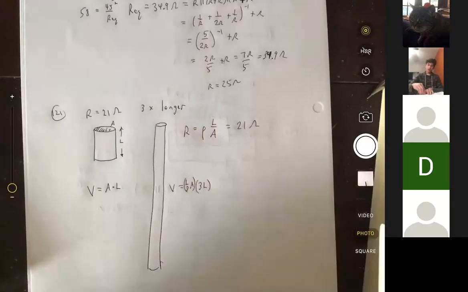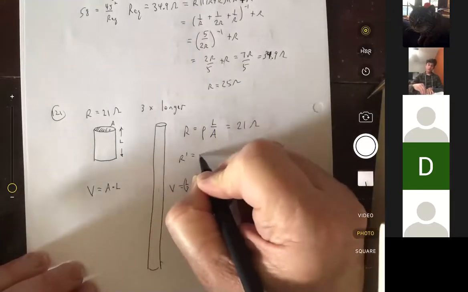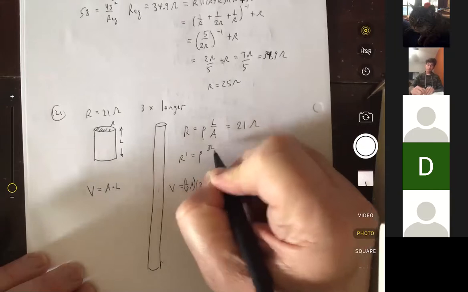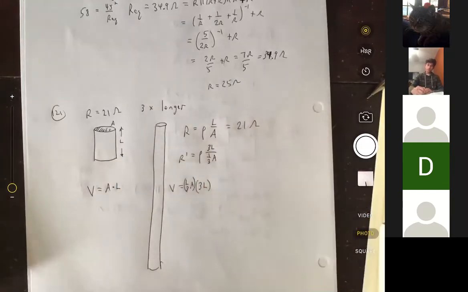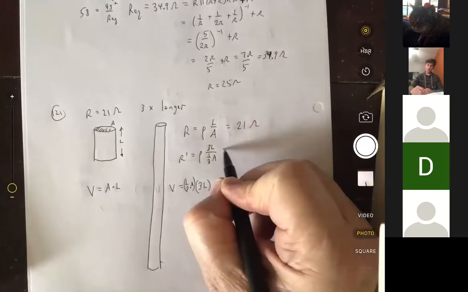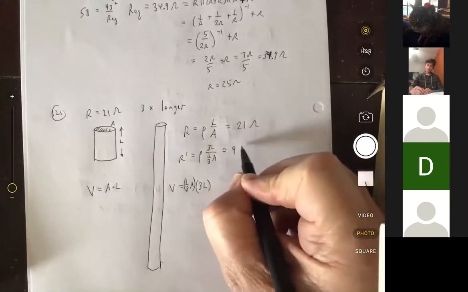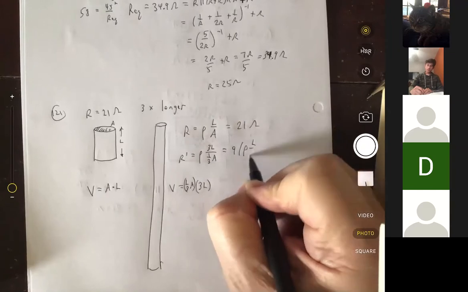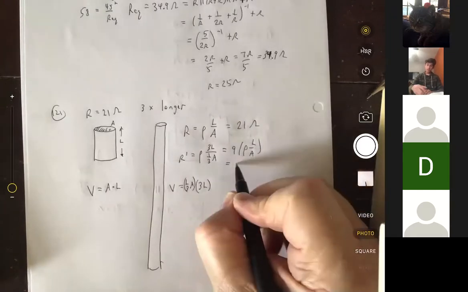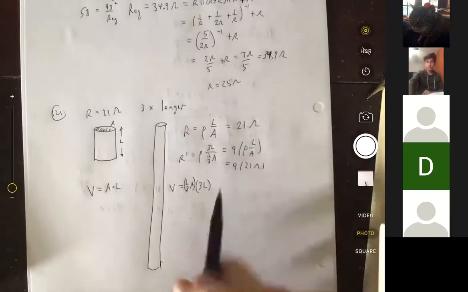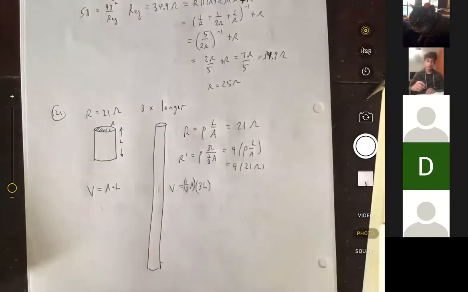But now you've got a new wire whose length is 3 times bigger and whose area is 1/3 as much, which means if I factor the numbers out, 3 over 1/3 is 9. So I've got 9 times rho L over A. And you know that rho L over A is equal to 21 ohms, because that's what it says right up there. And so that's why you increase the resistance by a factor of 9.